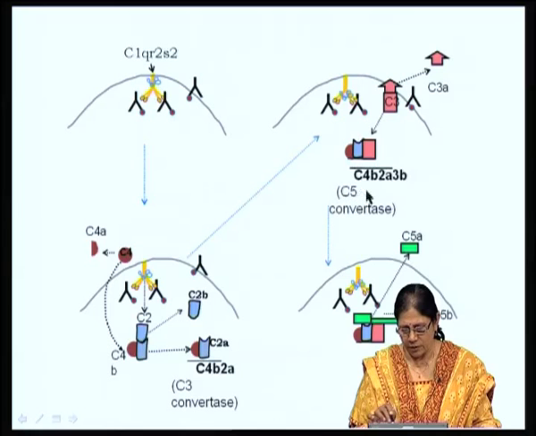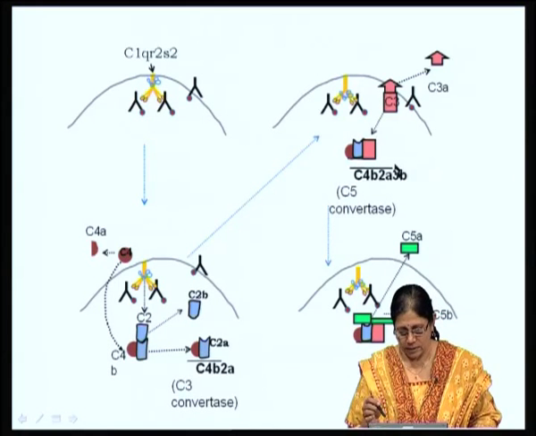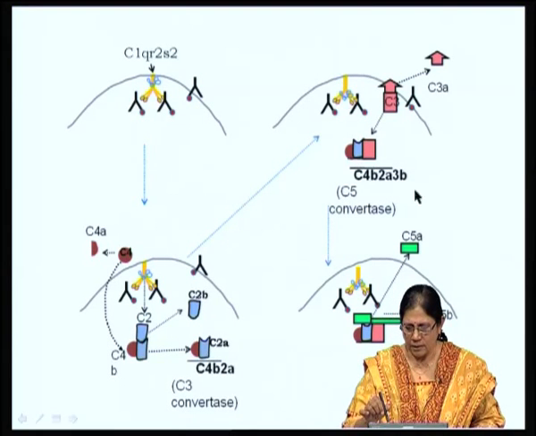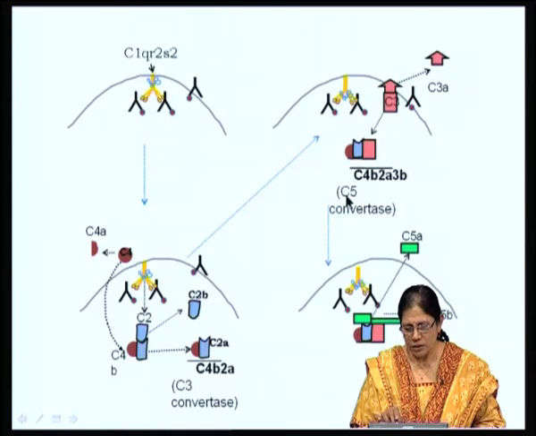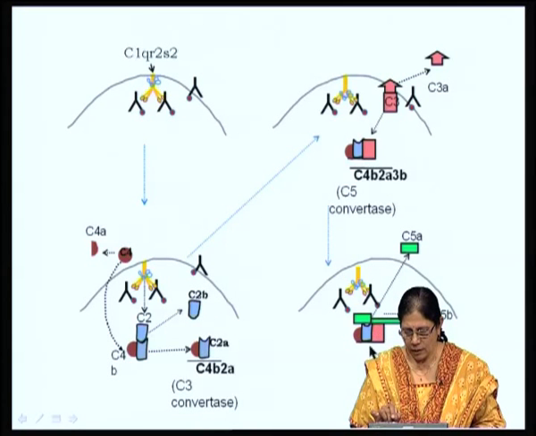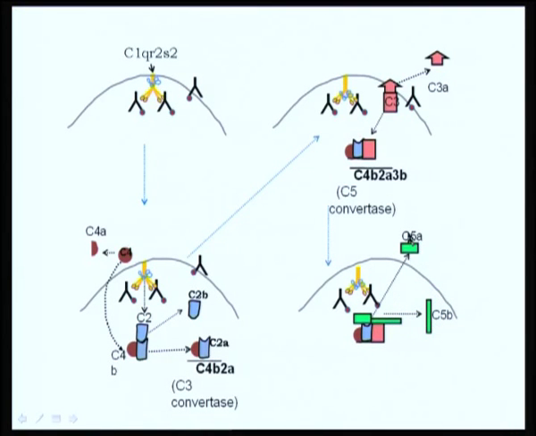The C5 convertase, as the name suggests, has a binding site for the next component, which is C5. C5 convertase now cleaves C5.